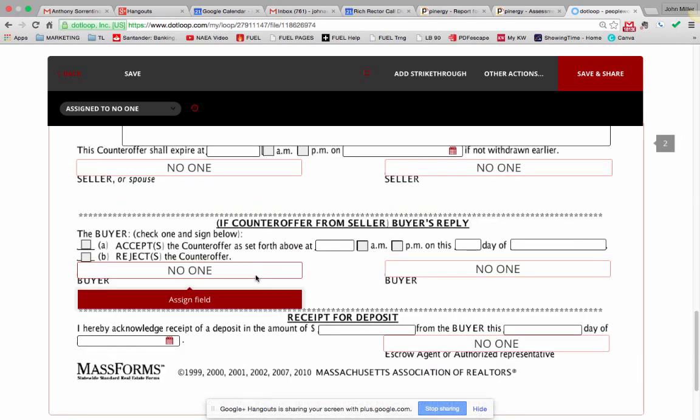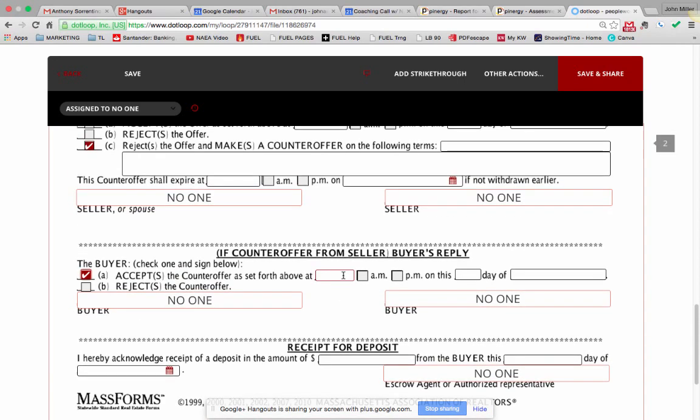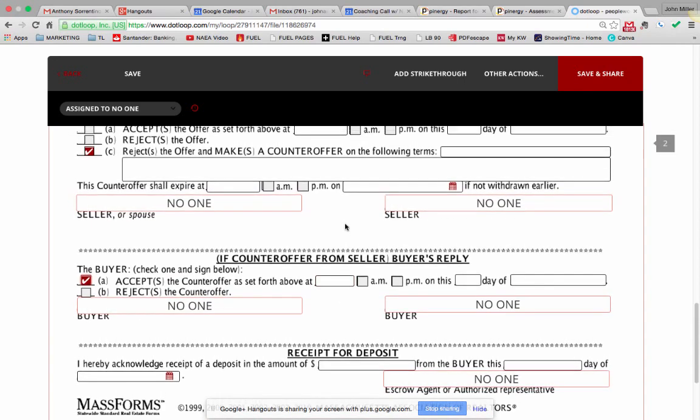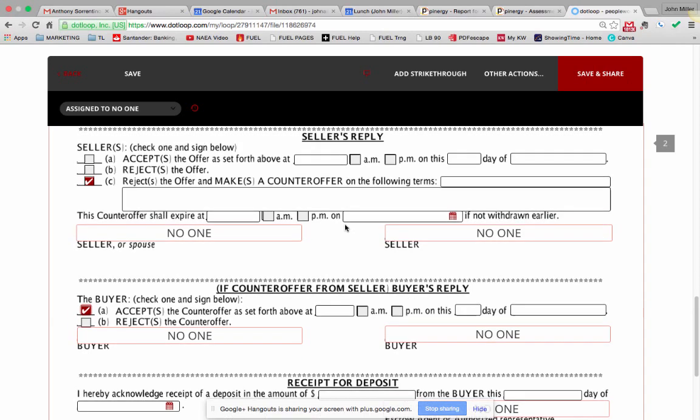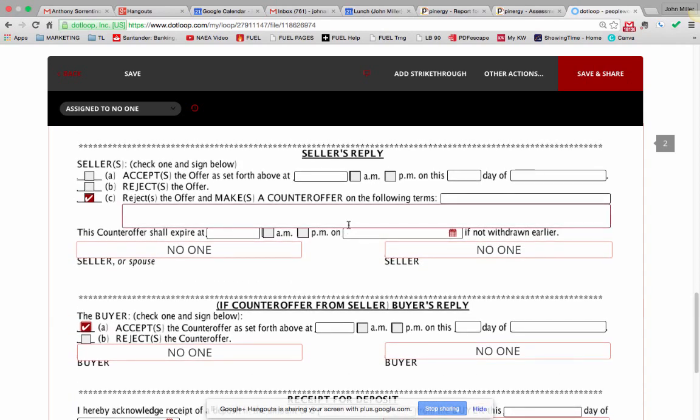Then the buyer can sign the counteroffer, and the buyer can say, I've accepted the seller's counteroffer. Technically every counteroffer should be in writing. If you were trained and advised properly on how to handle a real estate negotiation, it should all be done in writing, because the seller can change their mind if it's not in writing.